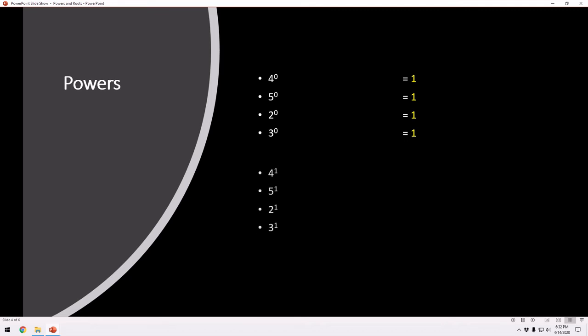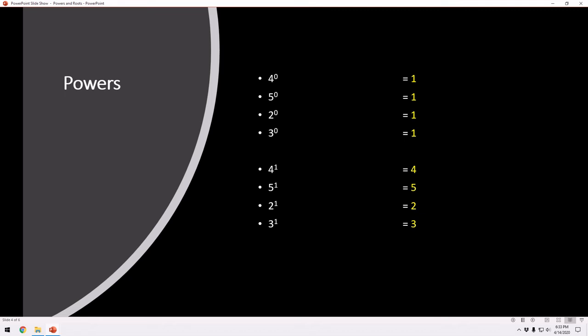Now, on the other hand, sometimes we're going to have some integers or bases elevated to the first power, or to the 1 power. Whenever we have that, those numbers are going to be equal to the numbers themselves.